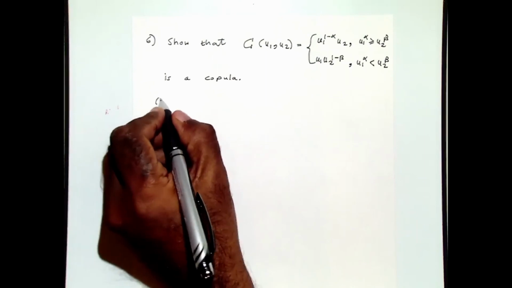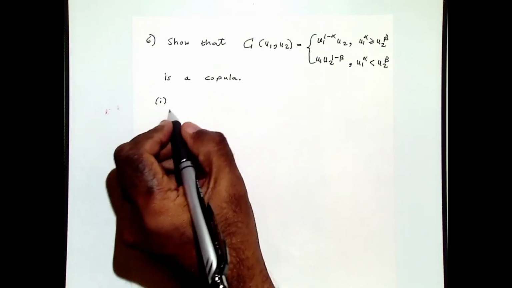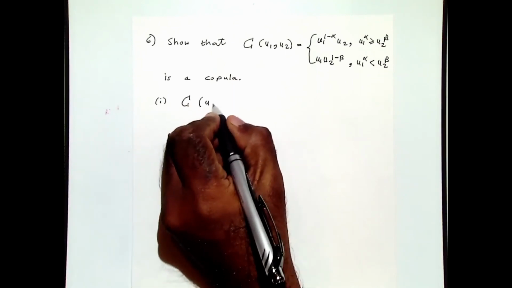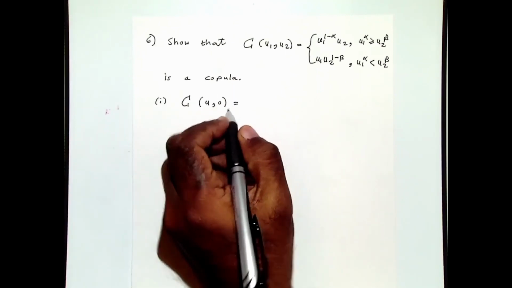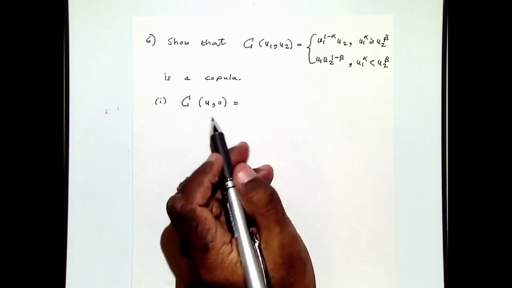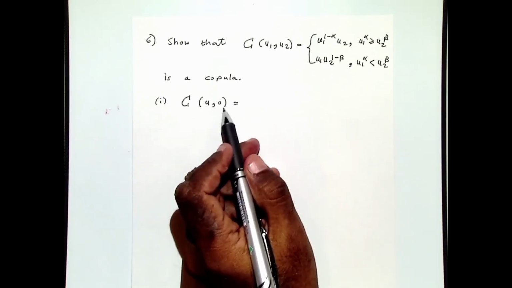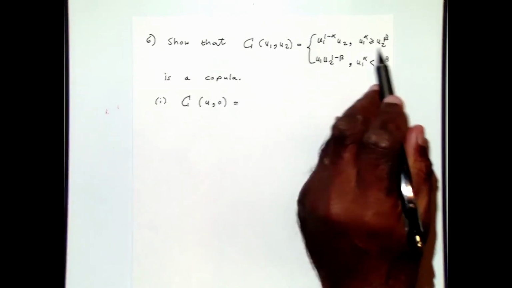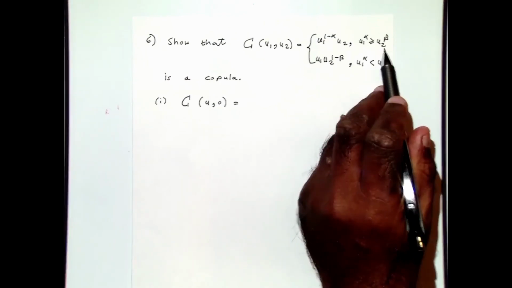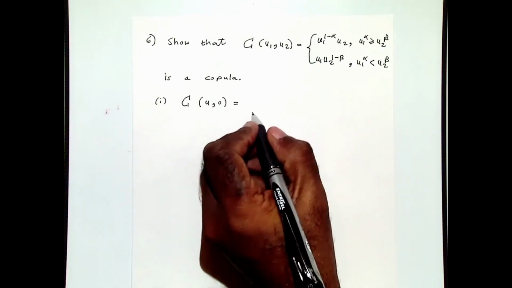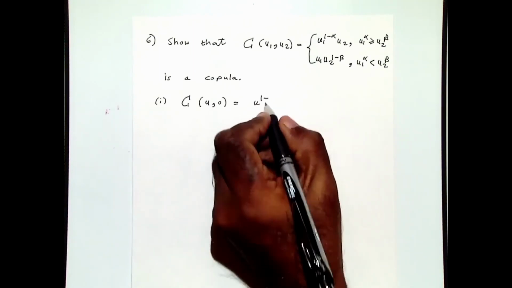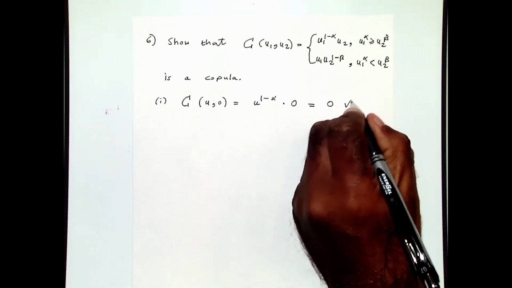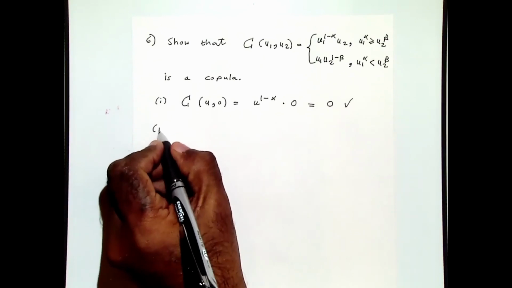Alright, so the first thing you need to do is condition 1. So C(u, 0). For this, the condition is satisfied because u2 is 0. Alright, so it's going to be u to the power 1 minus alpha multiplied by 0, which is 0. So condition 1 is satisfied.